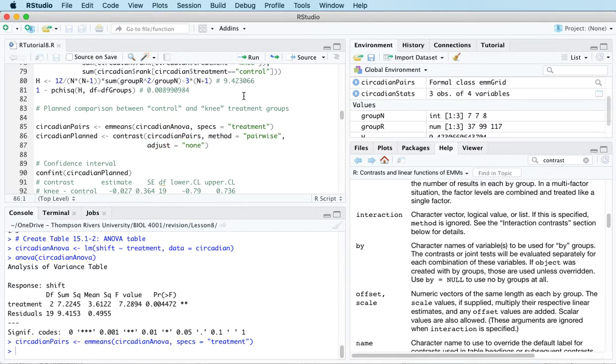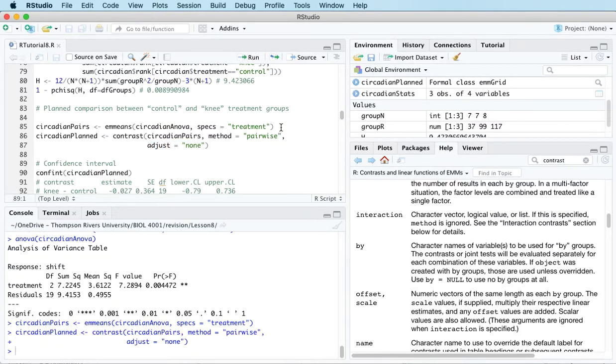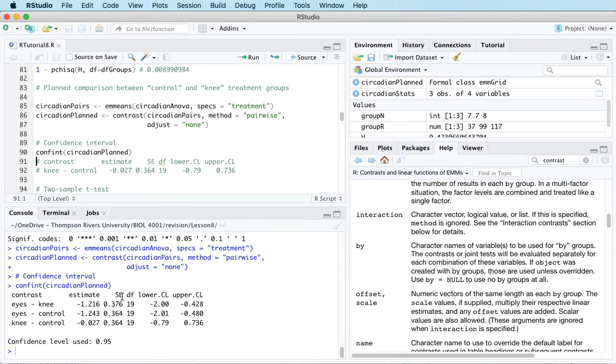If we do that, and then use one final function, the confint function, it'll give us all of the comparisons, but we're just doing a single planned comparison between knee and control. So this is the piece of the output that we want to look at.